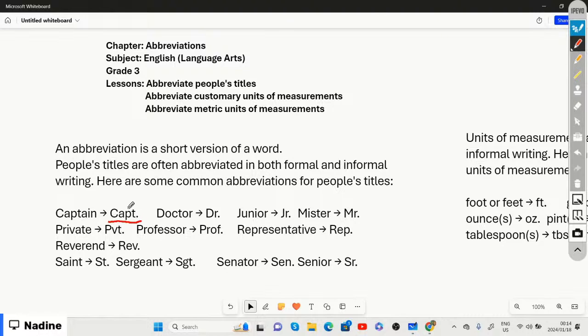And don't forget the period. The same with doctor. Doctor is DR, period.